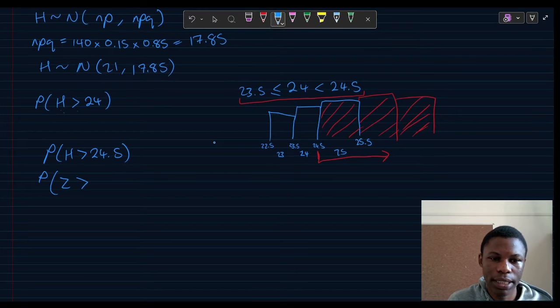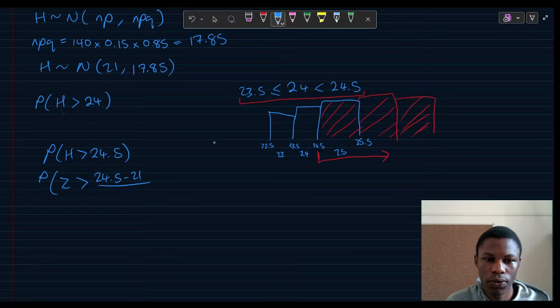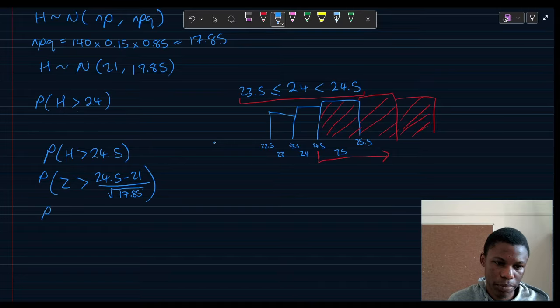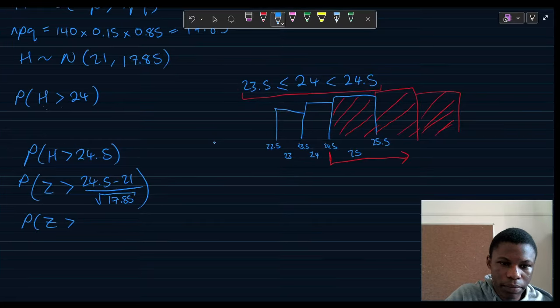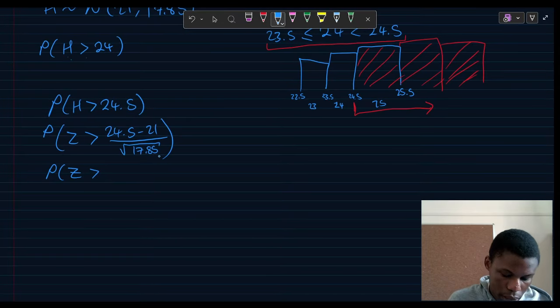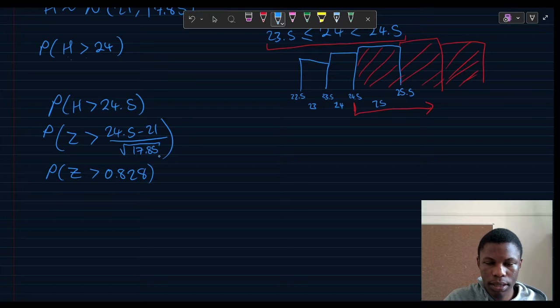So Z is greater than 24.5 minus 21 over our standard deviation, the square root of the variance. So P(Z greater than 24.5 minus 21 over root 17.85), which gives us 0.828.